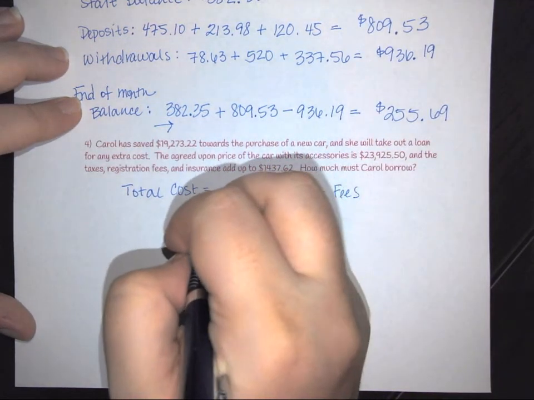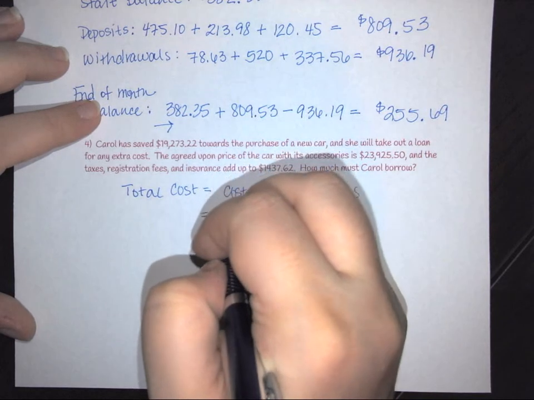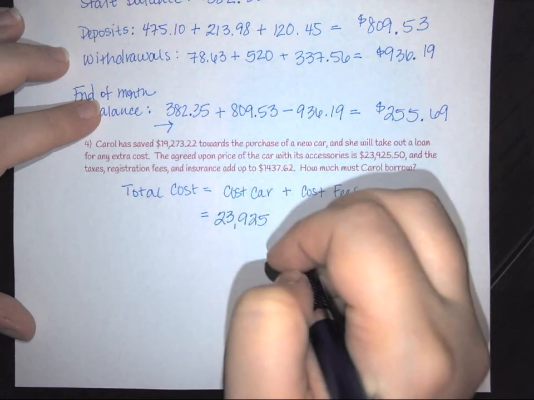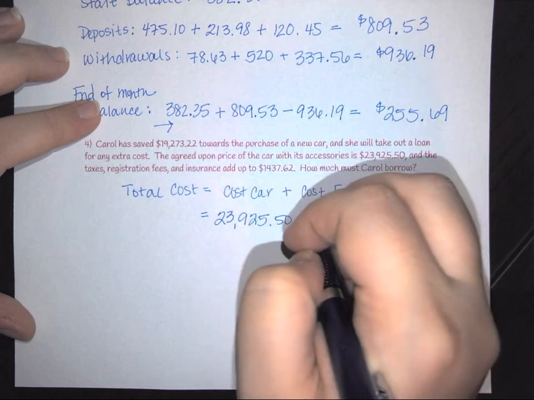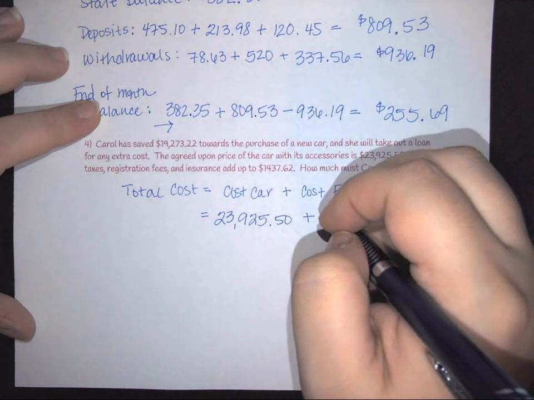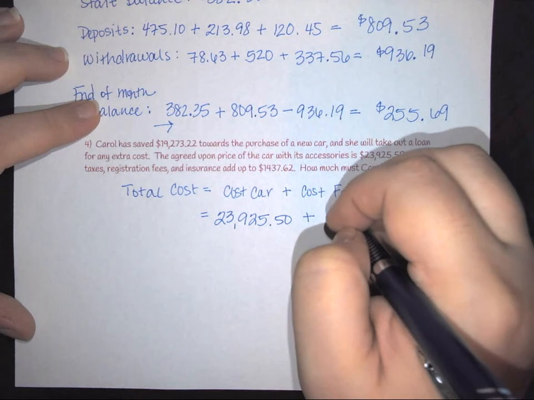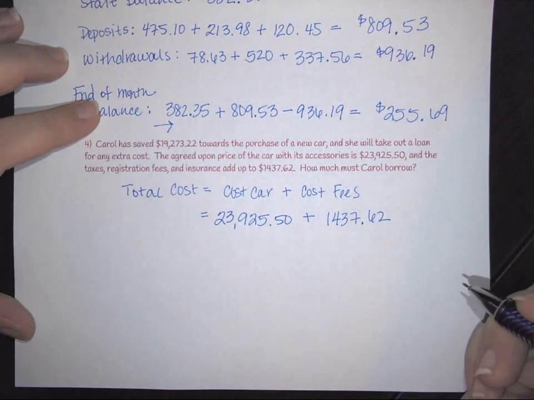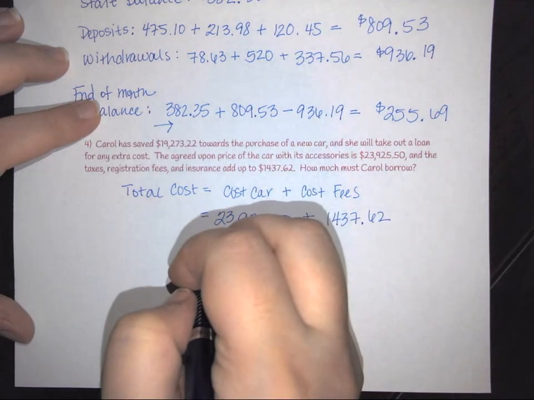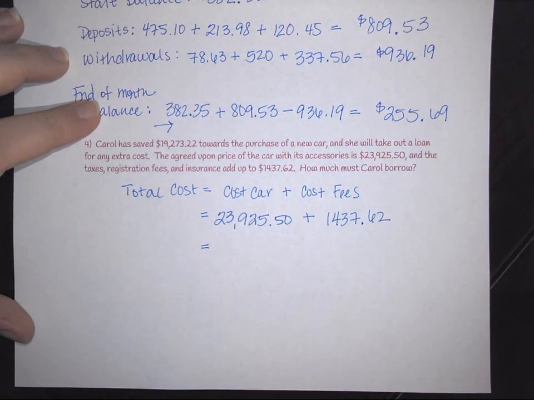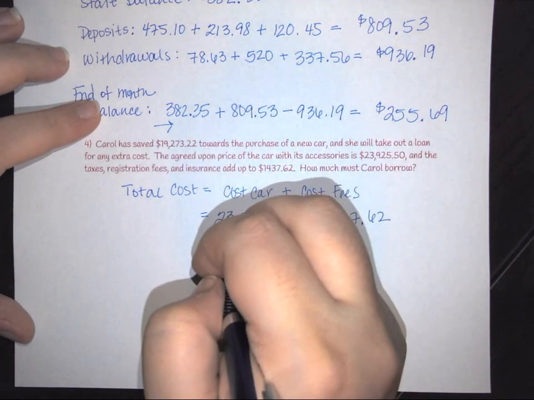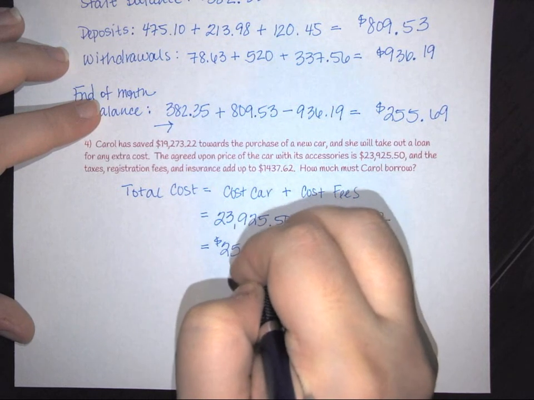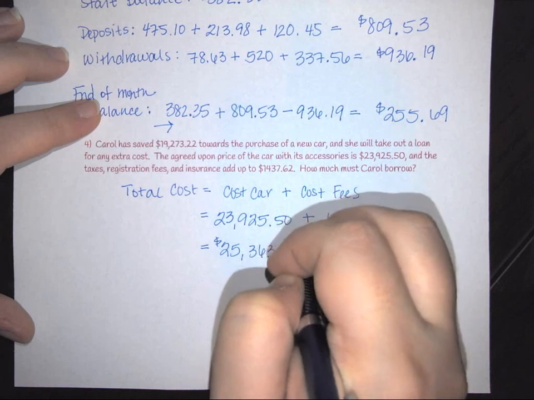So here, the car costs $23,925.50, and the fees cost $1,437.62. So we are going to add these together, and when we do, it's going to come out to $25,363.12.